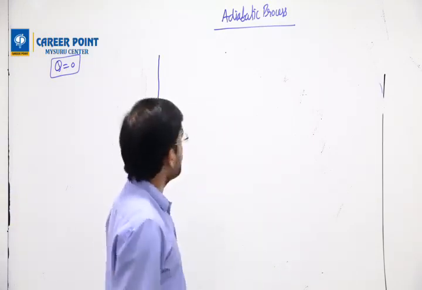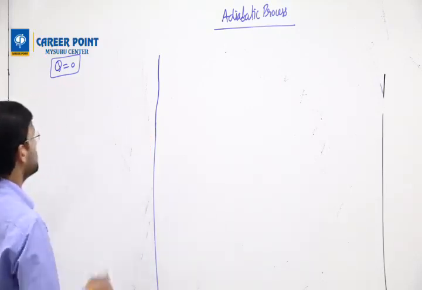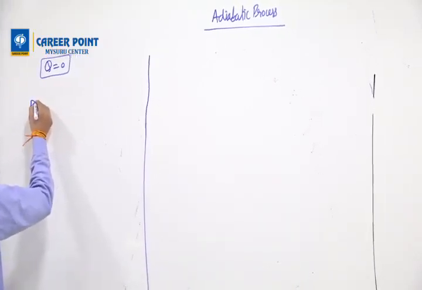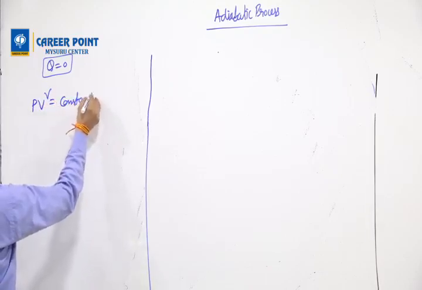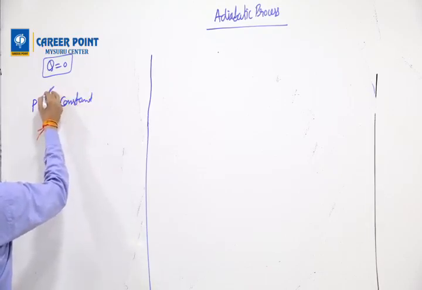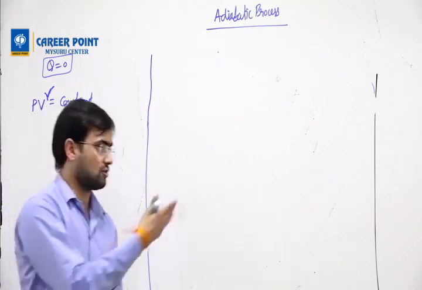It follows something of gamma. So Q is equal to 0, then we have PV power gamma equals to constant. Gamma is known as Poisson's ratio, which is equal to Cp by Cv.